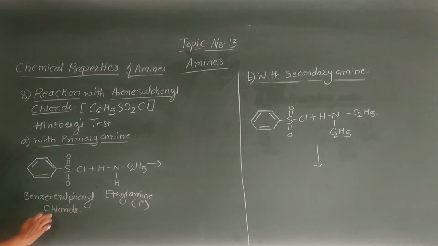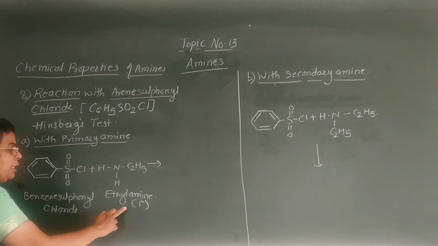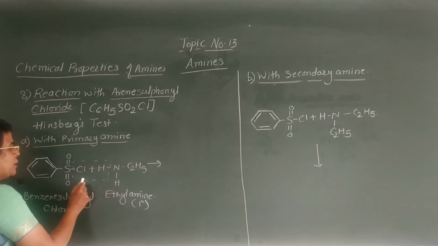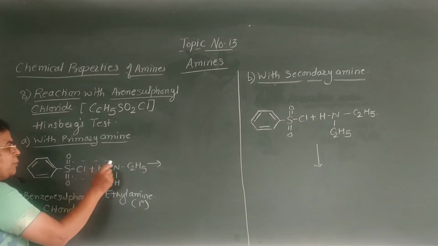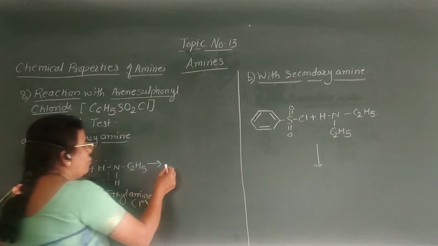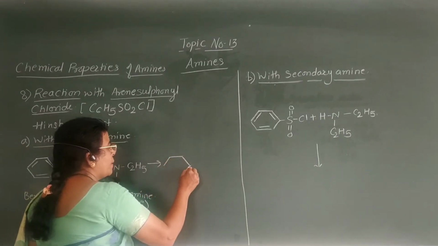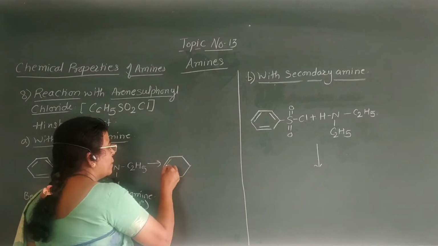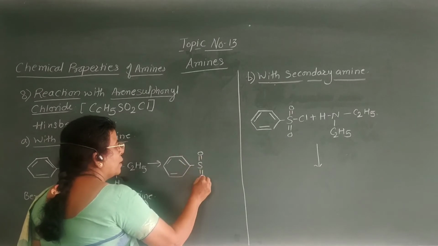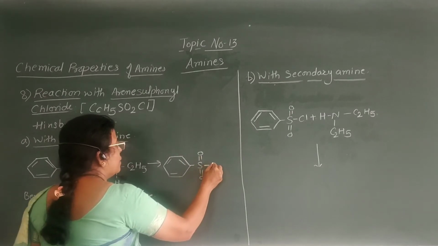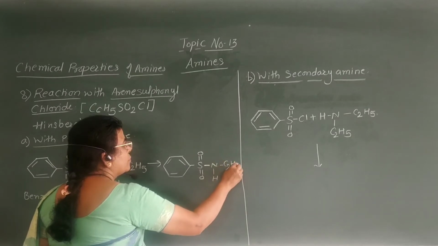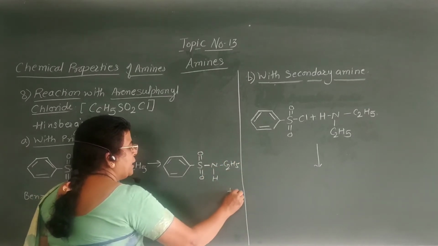Now when this benzene sulfonyl chloride is treated with ethylamine, removal of HCl takes place, and this chlorine is substituted by the C2H5NH group. That is, formation of this compound plus HCl takes place.